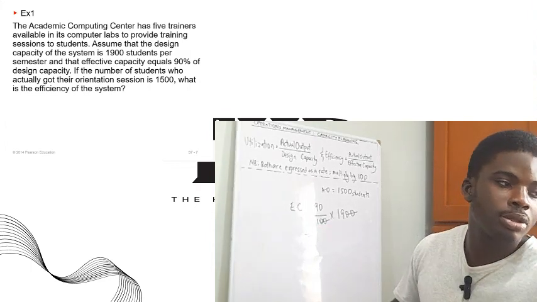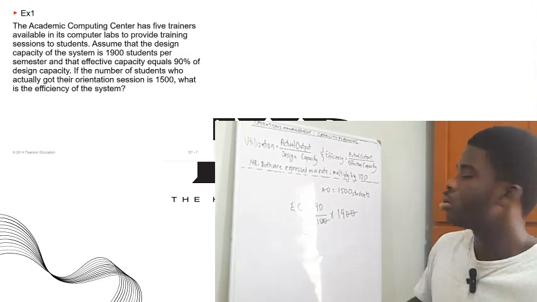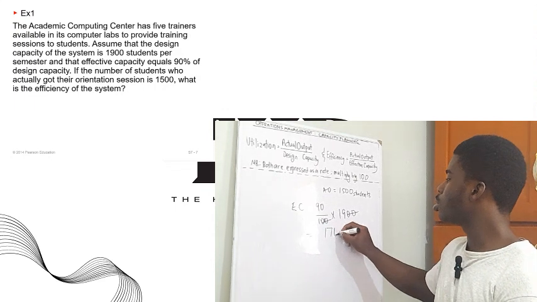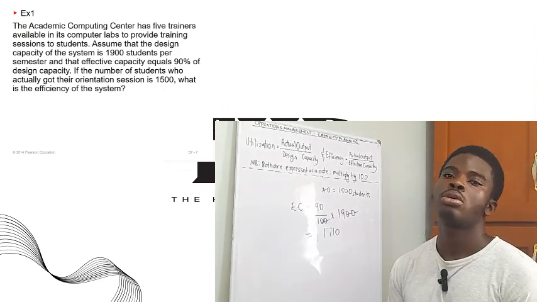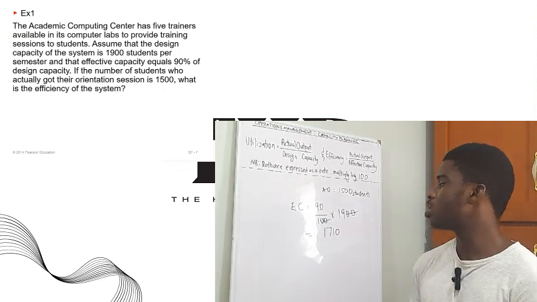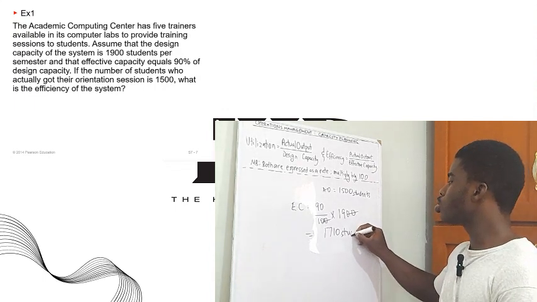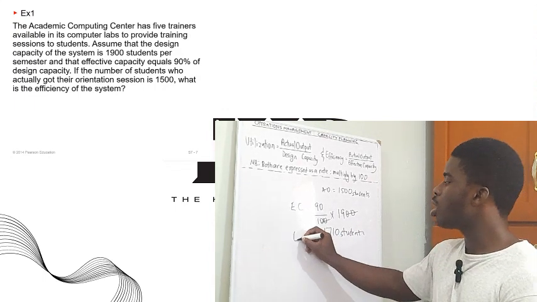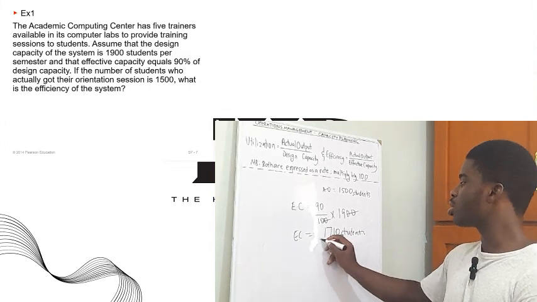That gives us 1,710 students. So our effective capacity becomes this.